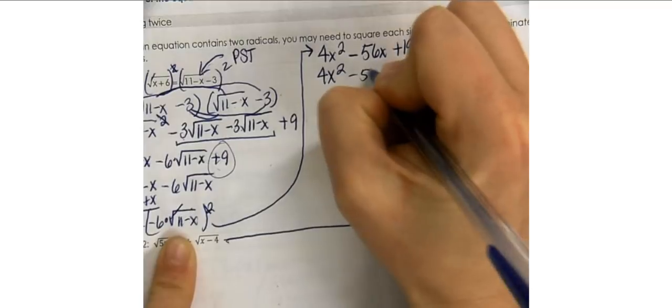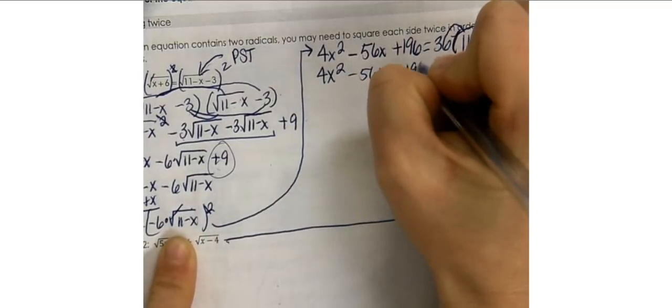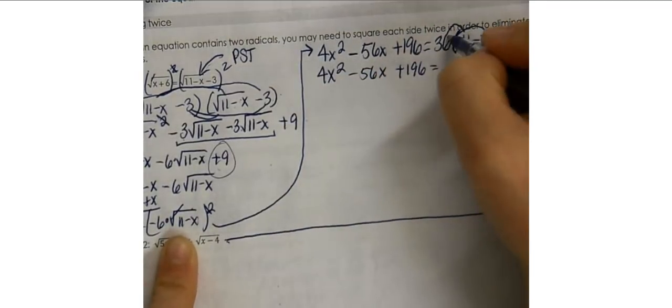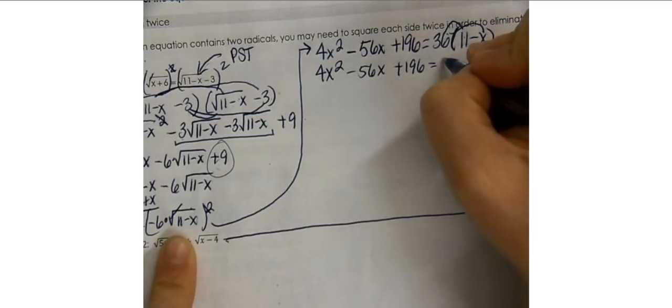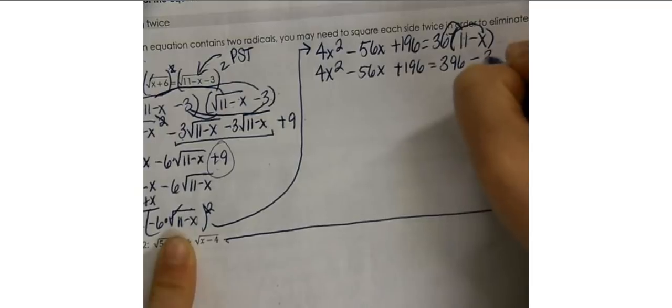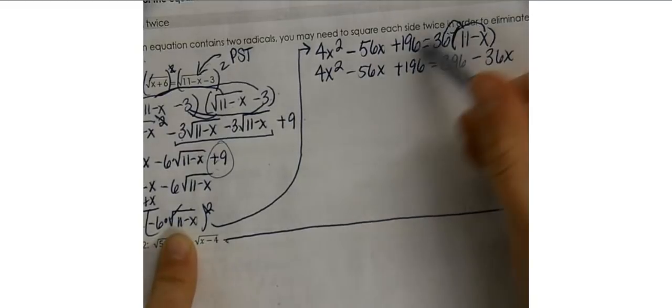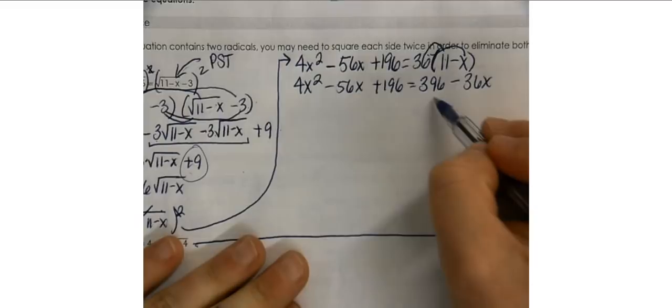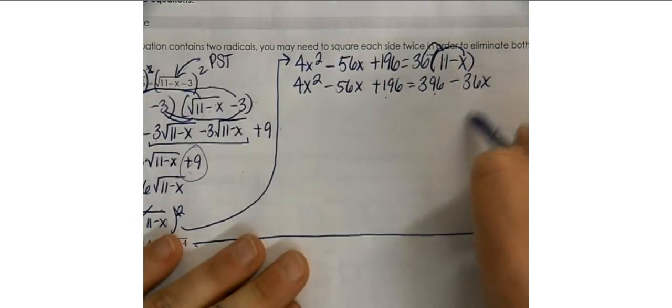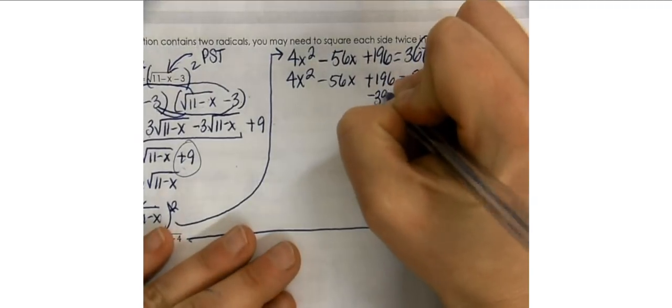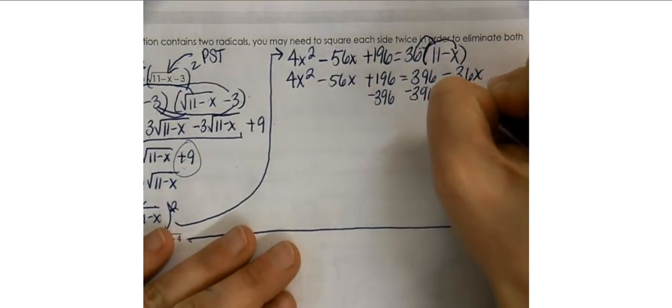Next, I'm going to distribute that 36 to each term, and I have 4x squared minus 56x plus 196 is equal to 36 times 11 is 396 minus 36x. All right, at this step, because this is a quadratic equation, I'm going to bring the 396 to the other side and the 36x to the other side. I'm going to subtract 396 on both sides, and I'm going to add 36x on both sides.